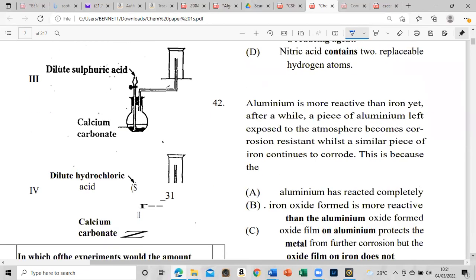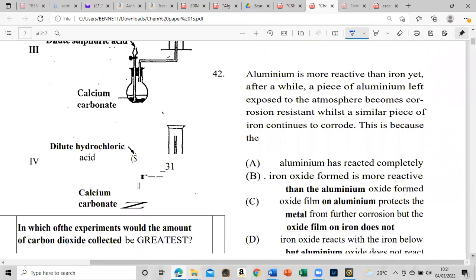Number 42. Aluminum is more reactive than iron, yet after a while, a piece of aluminum left exposed to the atmosphere becomes corrosion resistant, whilst a similar piece of iron continues to corrode.